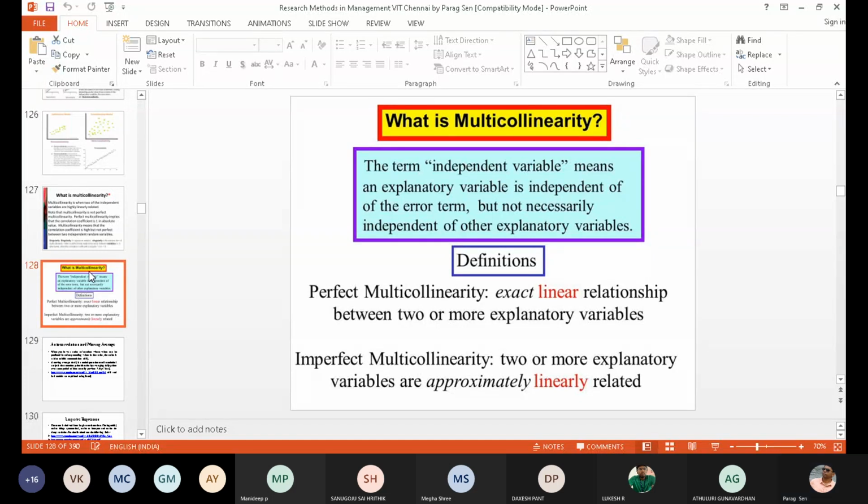Suppose you have heard a lot about "smoking causes cancer." You have seen this statement when you go to watch movies, it is shown in the cinema hall. This kind of statement is given.